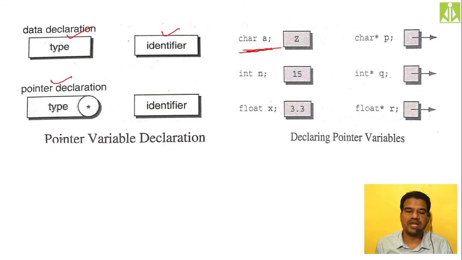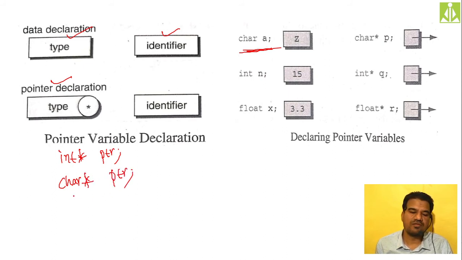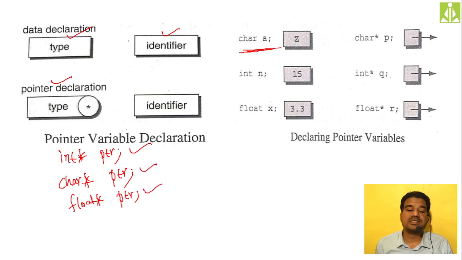To declare an integer pointer, put int *ptr. For a character pointer, char *ptr. For a float, float *ptr. You can declare the pointer you need simply by suffixing the asterisk after the type, so as to have a meaningful pointer in your program.